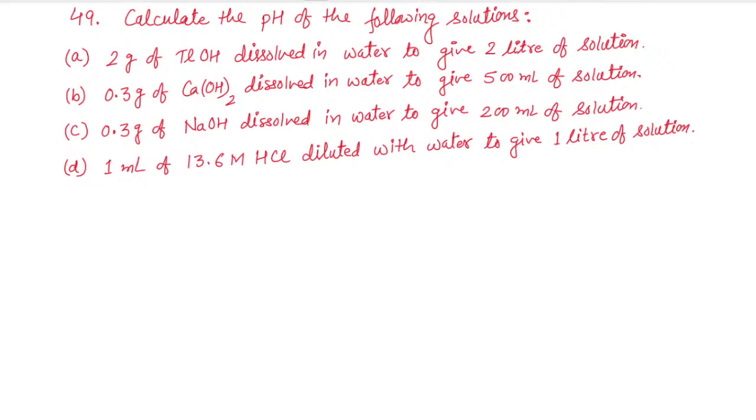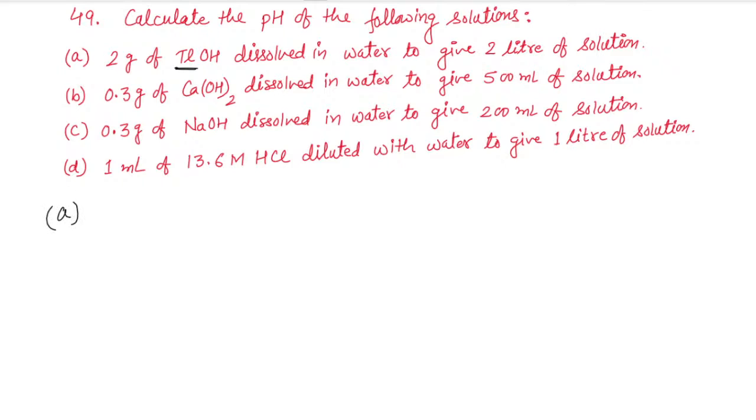A: 2 gram of thallium hydroxide dissolved in water to give 2 liter of solution. Whenever this question comes in your exam, the atomic weight of thallium should be given to you. Don't worry.